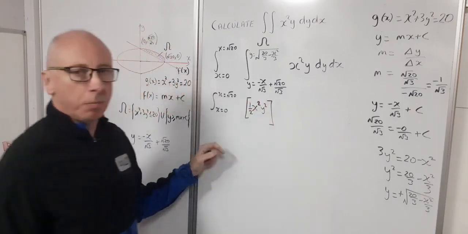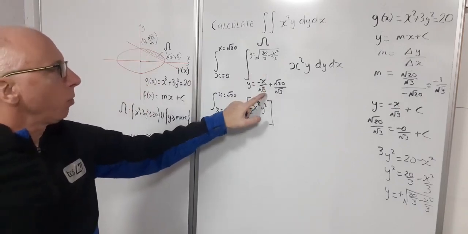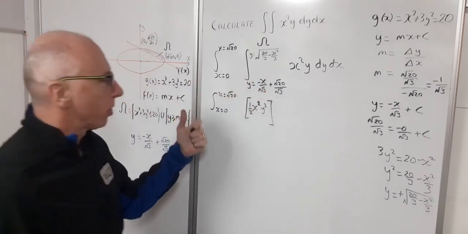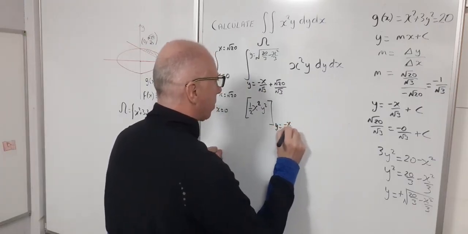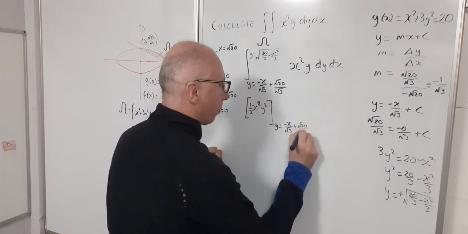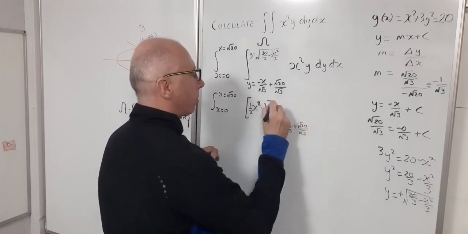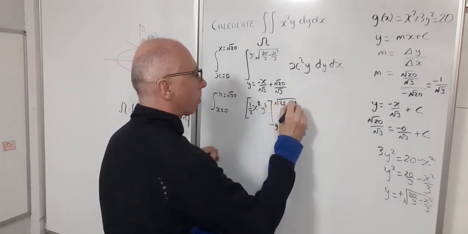And then our values for y, which we need to plug in here, are these ones here. So y equals this and y equals that. So y equals minus x over root 3 plus root 20 over root 3. And here we've got the square root of 20 over 3 minus x squared over 3.